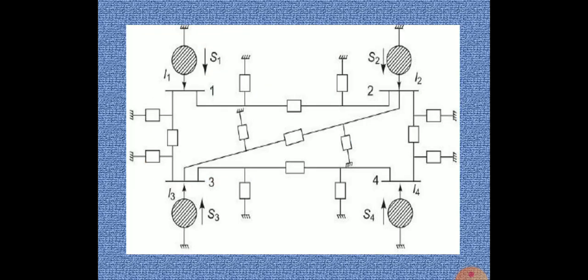This one is for the Y bus matrix, the current equation for I1. I1 is equal to y10 v1 plus y12 (v1 minus v2) plus y13 (v1 minus v3). I2 is equal to y20 v2 plus y12 (v2 minus v1) plus y23 (v2 minus v3) plus y24 (v2 minus v4).